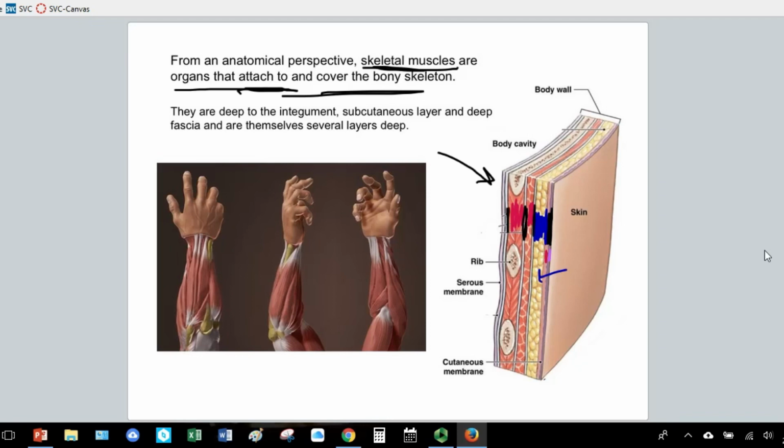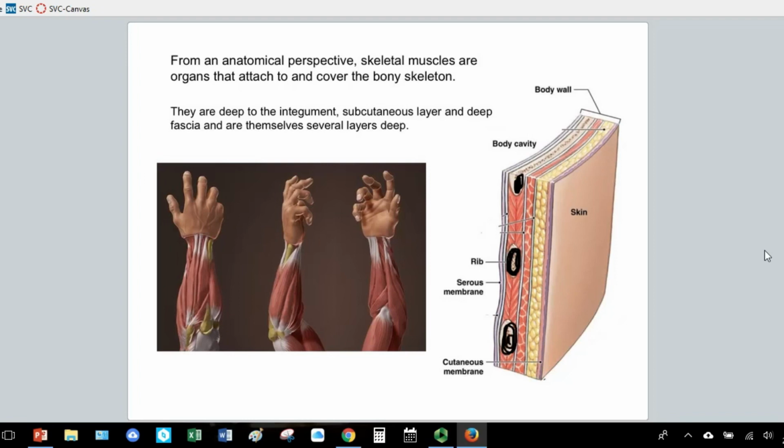These are connective tissue coverings that wrap around the individual skeletal muscles. And with regards to bones, most of the bones of the body are wrapped or compartmentalized within the skeletal muscle. So we find them wrapped by skeletal muscles, covered by skeletal muscles.